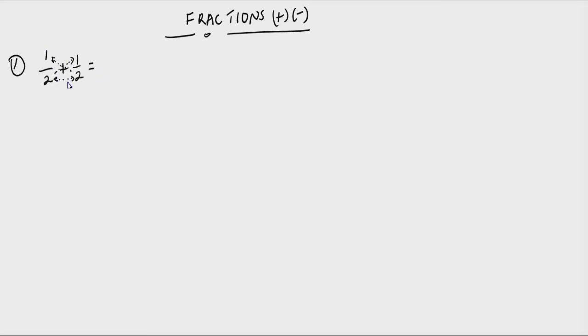The reason why I don't like this is because it doesn't exactly tell you why you're doing this, and also it doesn't quite work efficiently when you're adding or working with more than two fractions. It becomes quite cumbersome.